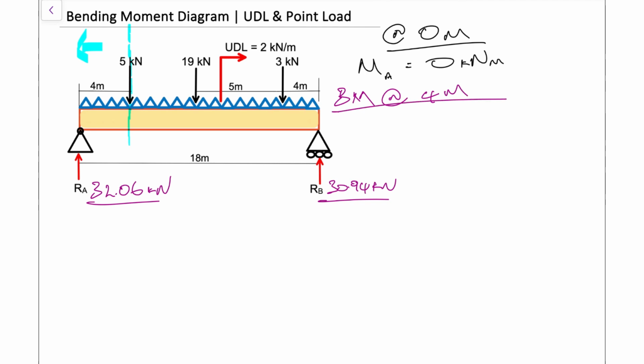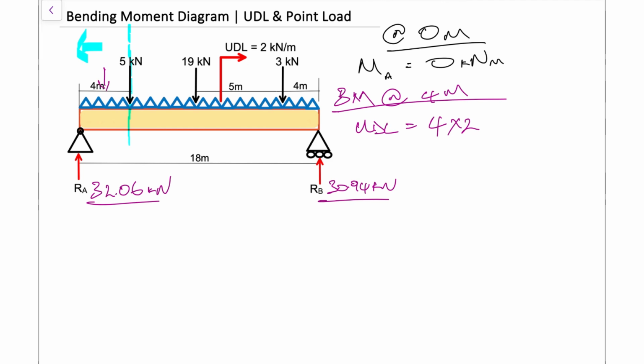So the first thing I'm going to look at is how to treat that UDL and what that looks like. So for our UDL, what we have is 4 meters as our length, and the UDL spans across 4 meters, and it's 2 kilonewtons per meter. So that's 4 times 2 right there. Now the UDL in this instance will be acting at 2 meters because that's the midpoint of that 4 meter mark.